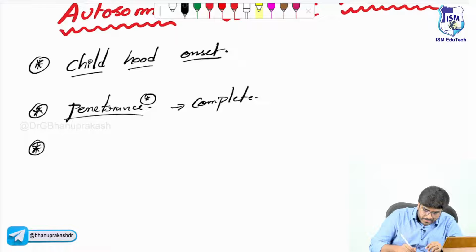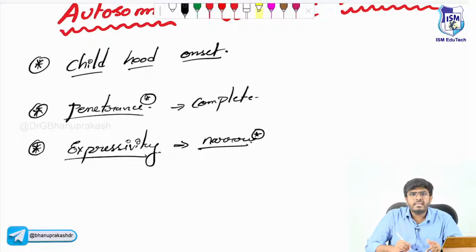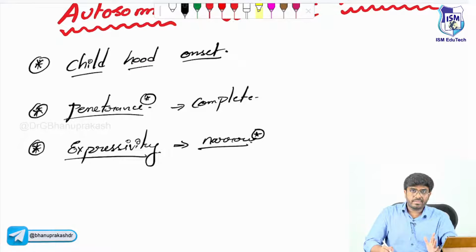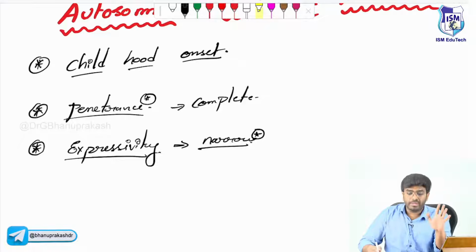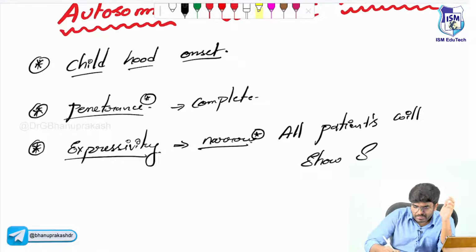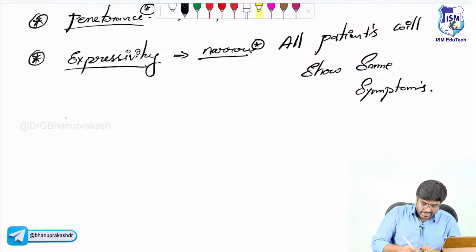And expressivity is also very narrow. Which means if 100 individuals have the disease, all 100 individuals will show the same type of symptoms. There is no variability. All patients will show the same symptoms.